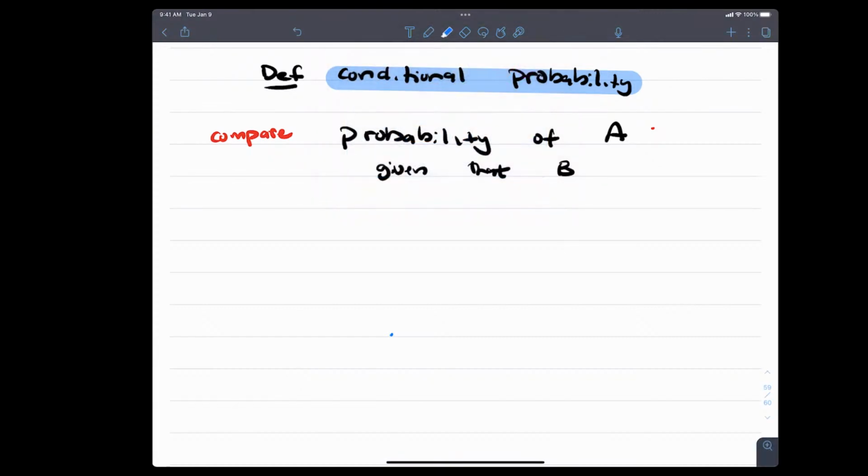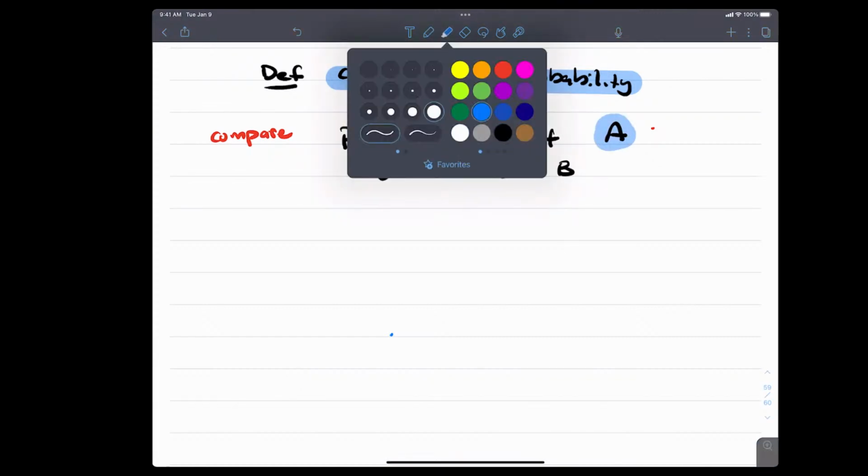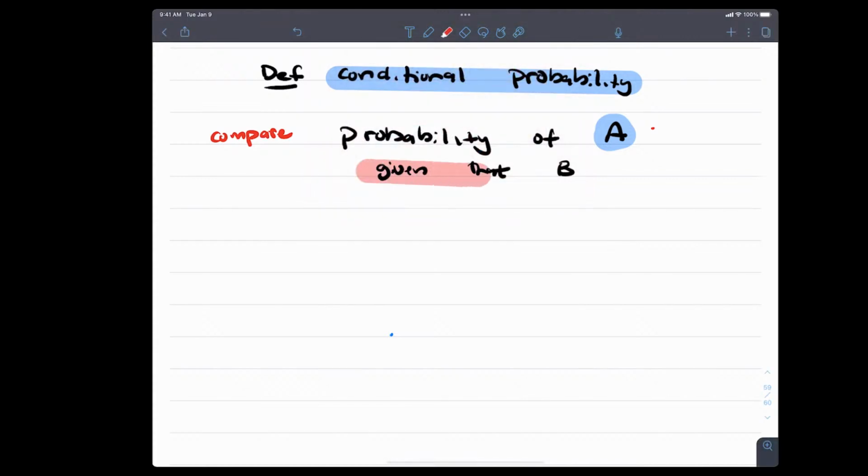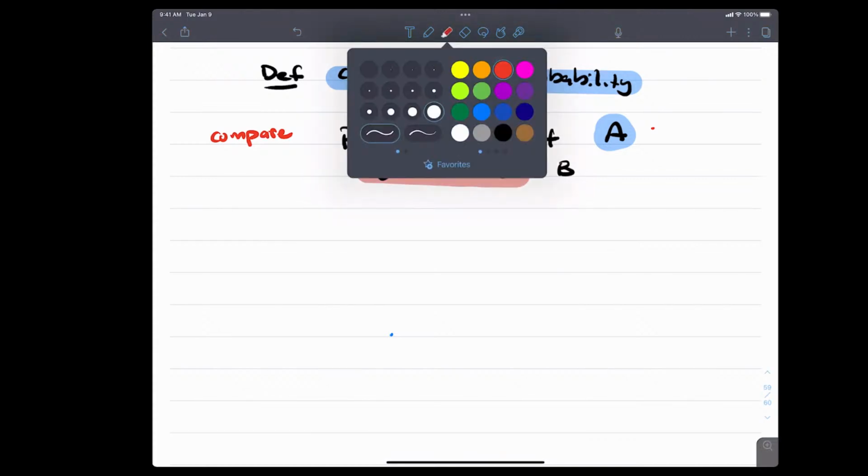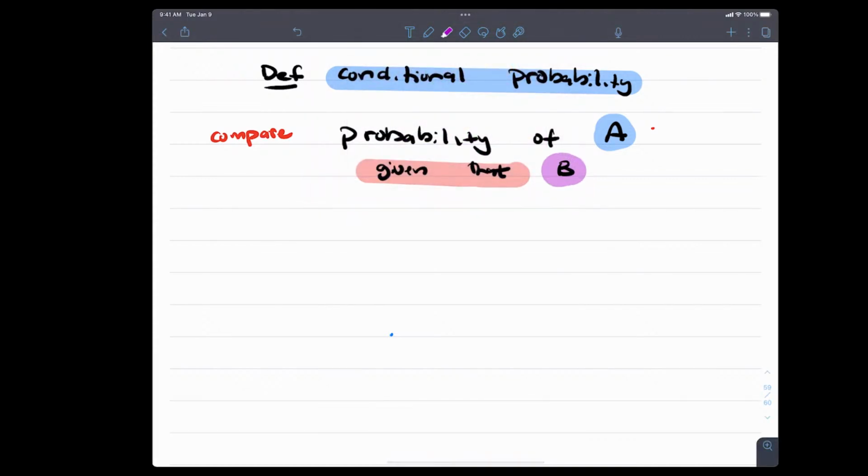Okay, so here's the probability of an event, and then I'm going to emphasize the phrase, given that, and you have given that some condition here. This is B. This is known as your condition. And this is known, or this has actually happened. Okay, so I'm going to define this for you guys.